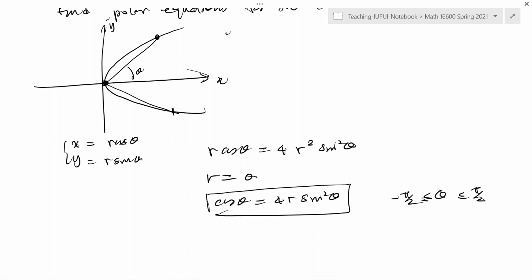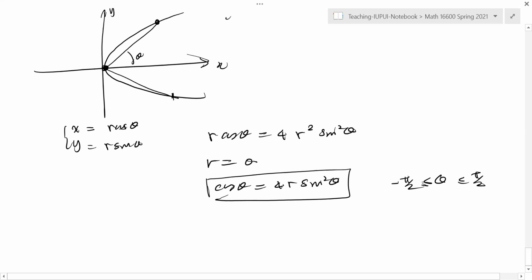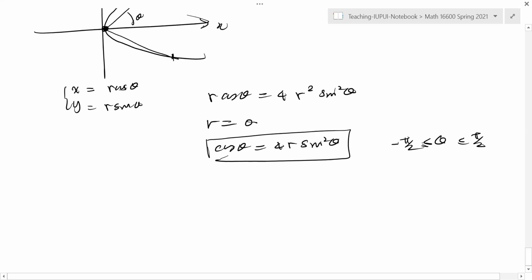Cosine theta is always positive. Sine theta could be 0, but sine squared theta is always positive. So this is the equation we get. It actually contains the origin when theta equals pi over 2, and then r must be 0. So the second equation contains the first simple equation. That's why I just need to list it down.